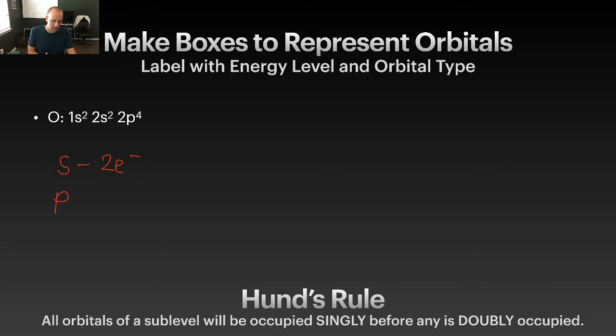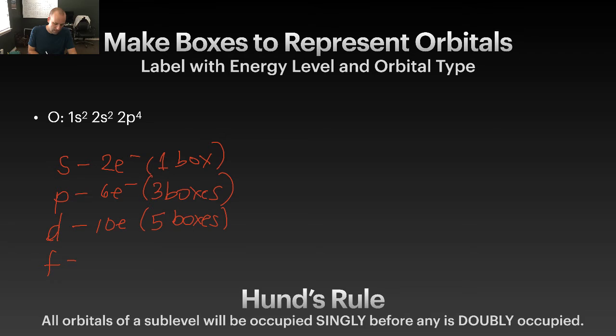A p sublevel holds 6 electrons, so you're going to need 3 boxes anytime you do that. Okay, so 1 box for an S, 3 boxes for a P. A D sublevel holds 10 electrons, so you're going to need 5 boxes anytime you draw a D sublevel. And an F sublevel, if we ever get there, holds 14 electrons, so you're going to need 7 boxes. There's 7 orbitals in an F sublevel.